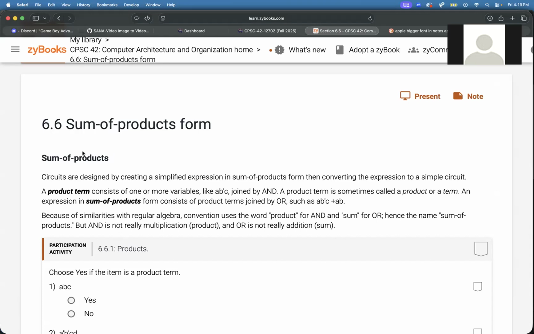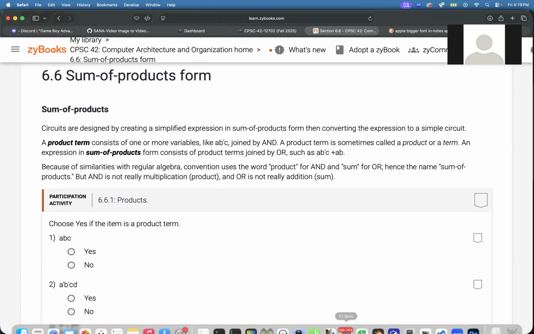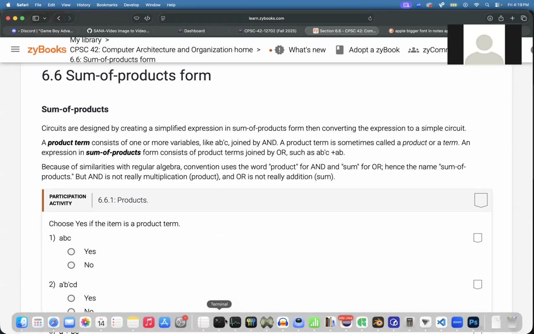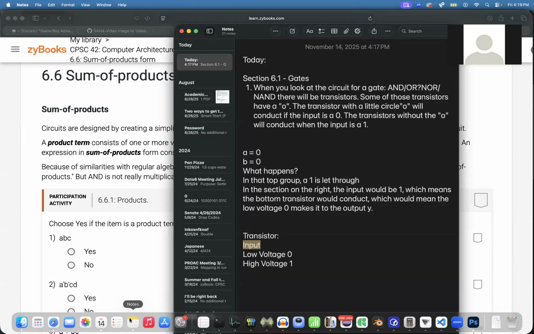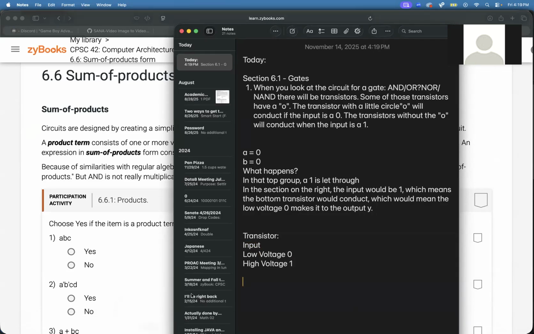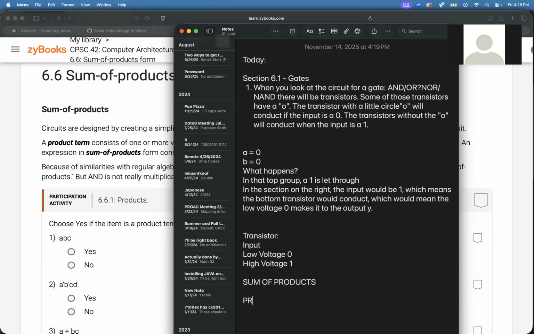So sum of products. When they say sum of products, all they're talking about is literally what it says. A product, right, is like XYZ or X Y prime Z or whatever.